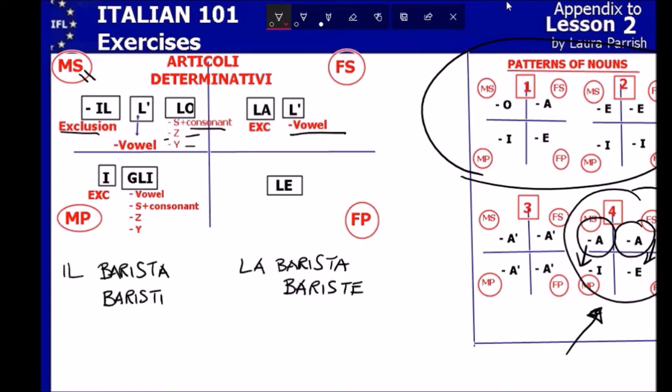If you have many female bartenders, you know that it is feminine plural, so it will be le bariste. Instead, if it's male bartenders, you know it is masculine plural. And you know it is this one because it's no vowel, it's no S plus consonant, it's no Z, it's no Y, so it will be i baristi.